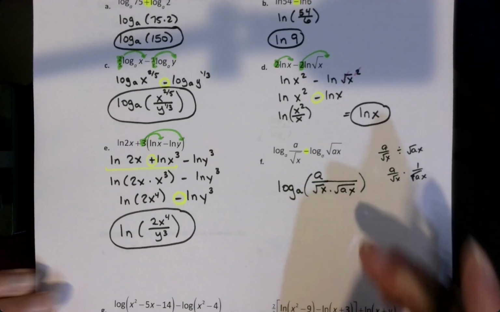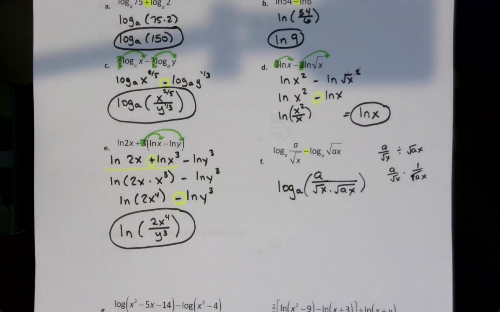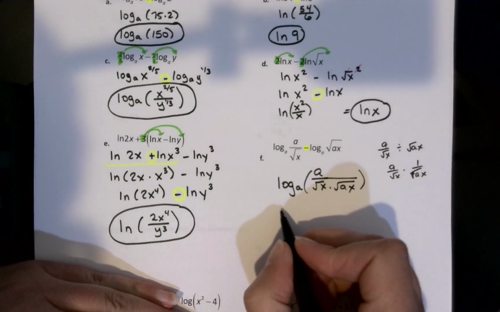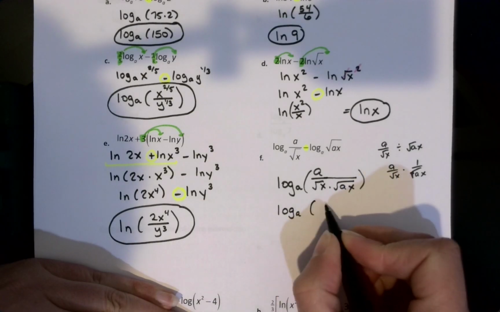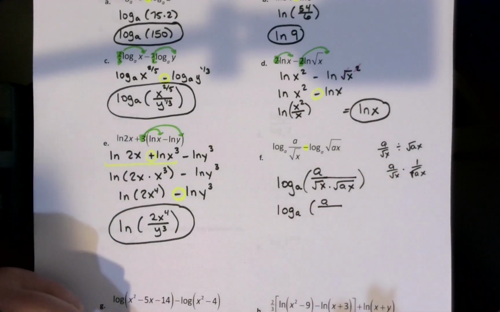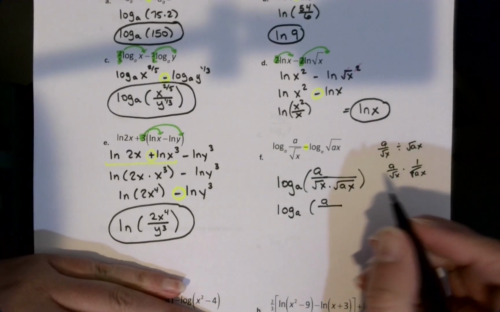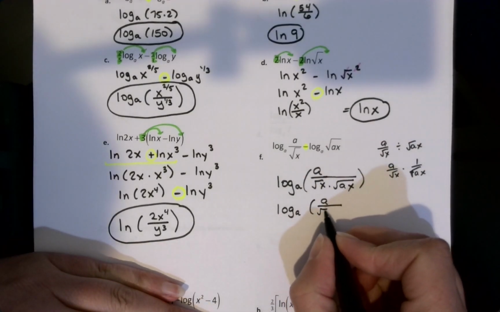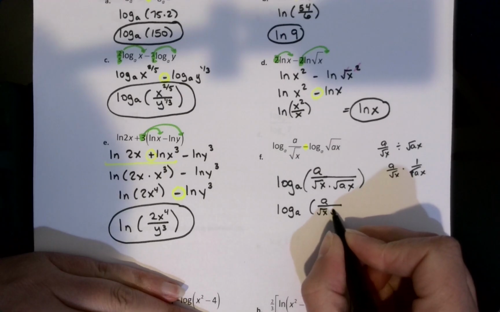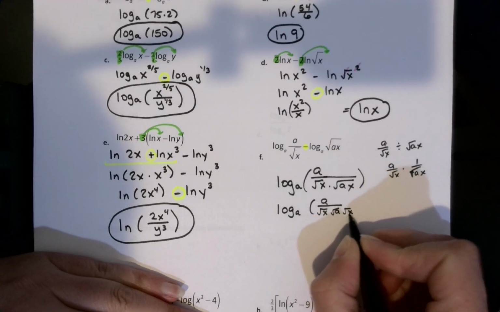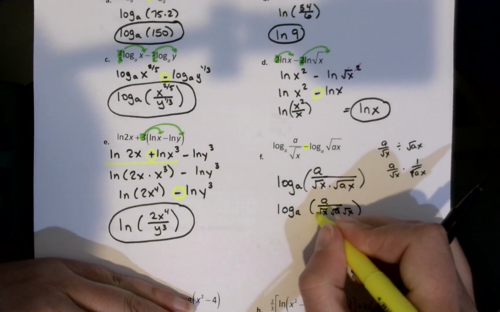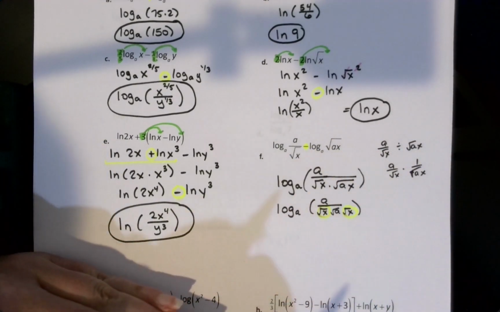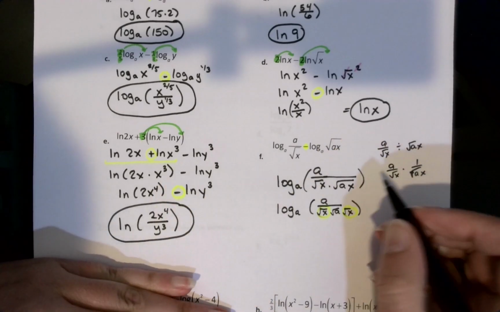So I end up with a divided by the square root of a times the square root of x. There we go. So log base a of a over, I can think about that denominator as a square root of x times a square root of a times a square root of x. What I'm trying to illustrate here is that the square root of x times the square root of x piece will come out as a regular x.